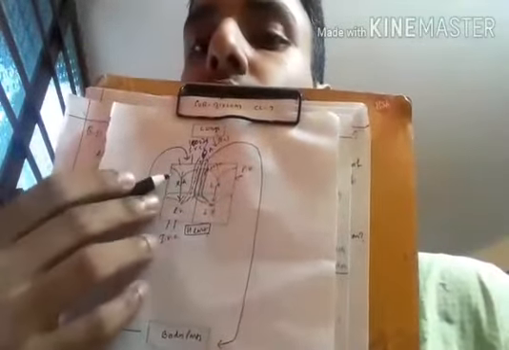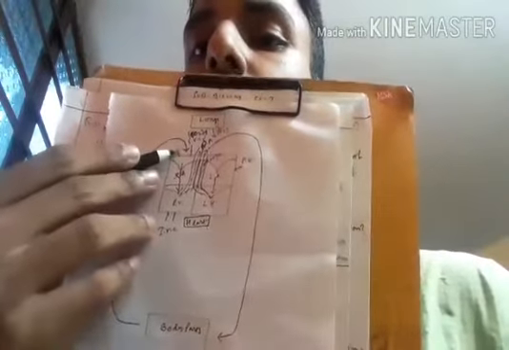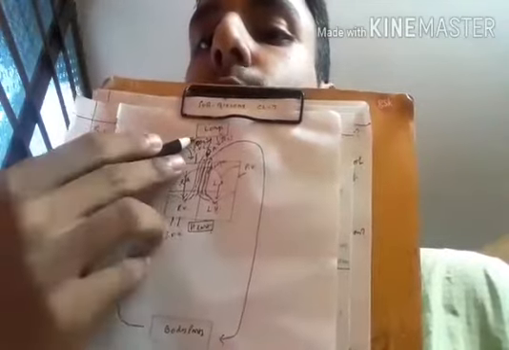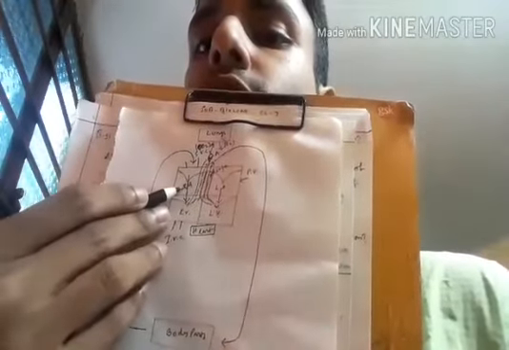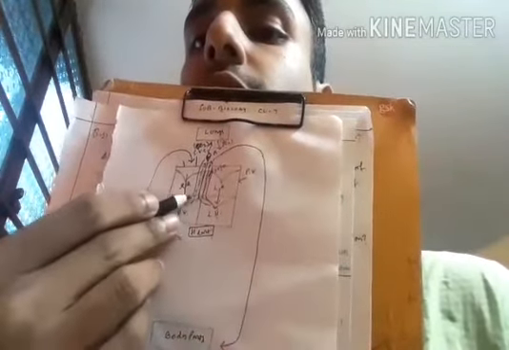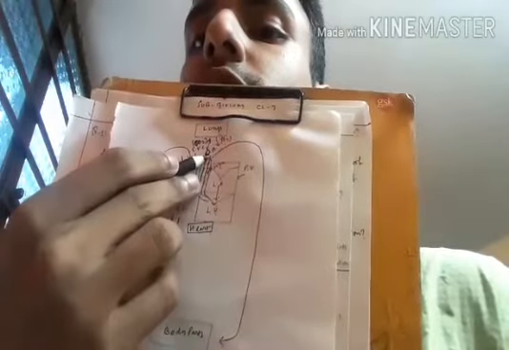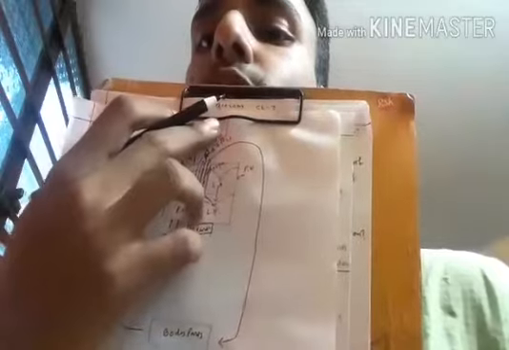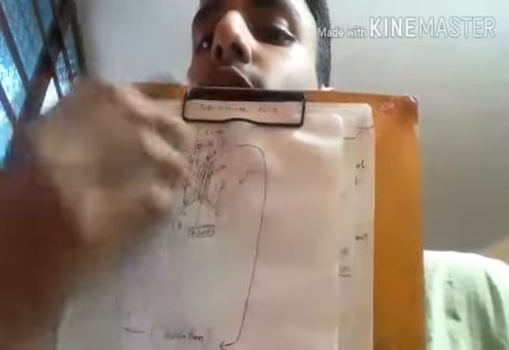So simultaneously, what happens in the right auricle? Look, the deoxygenated blood from the inferior vena cava and superior vena cava enters the right auricle, then the right ventricle, and then by this pulmonary artery it reaches the lungs, releasing the CO2 into the lungs, and the CO2 is expelled out from the body. So this is the mechanism of the heart.